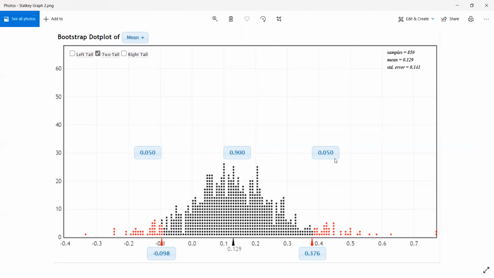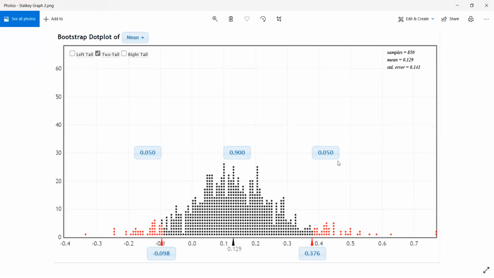It's do not reject, right? Now, this is the reason I mentioned this. For a two-tailed test, if you forgot to add these 2 numbers together and said the p-value is 0.05, you would have said, all right, 0.05 is equal to 0.05, the level of significance, so I would reject the null hypothesis.